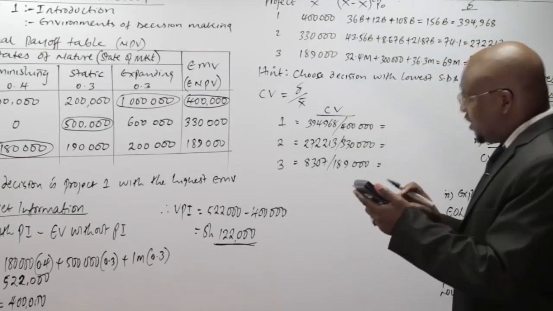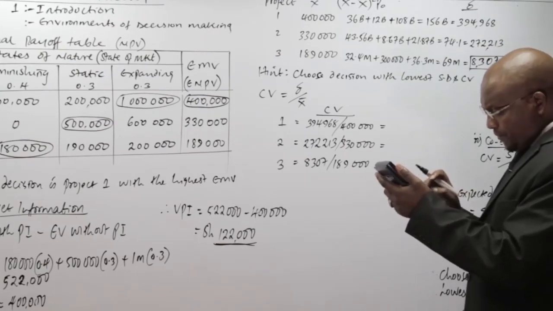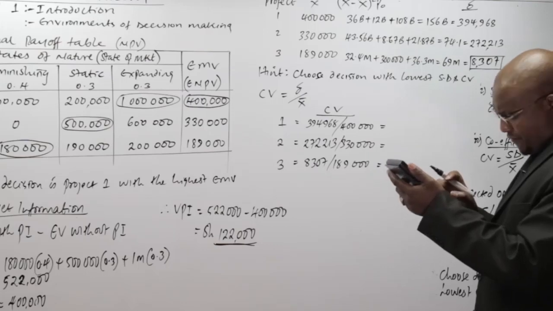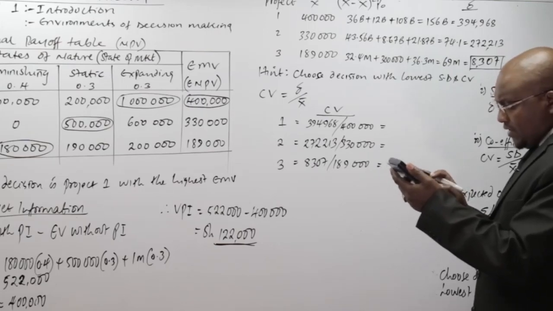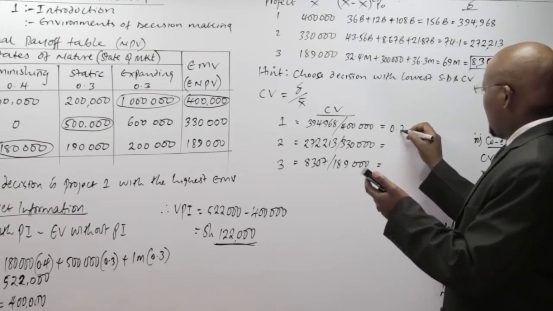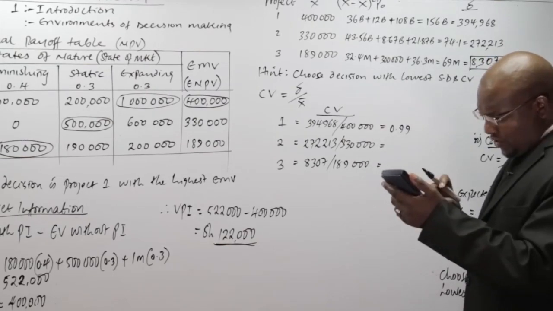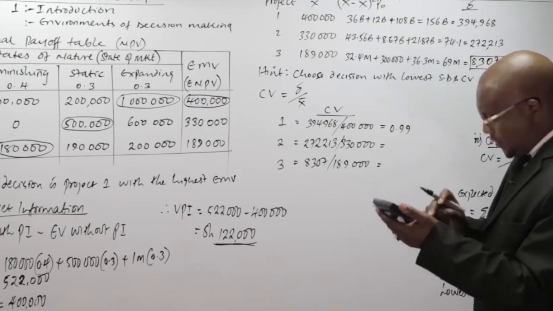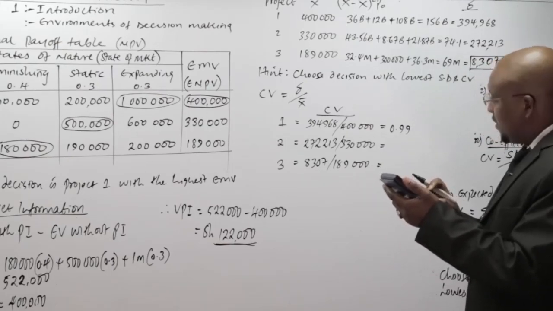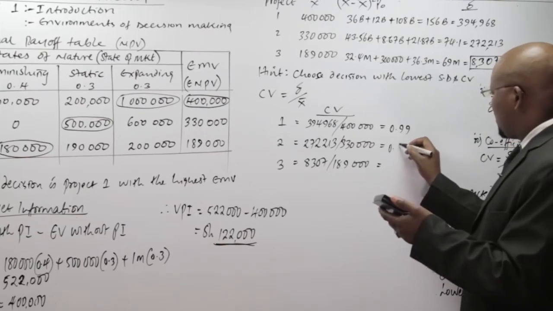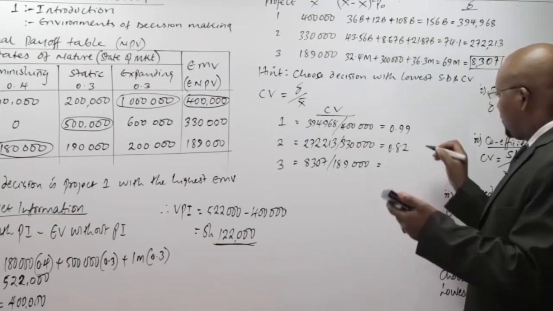So the first one, which is 394,968, if you divide by 400,000, this will give us 0.99. Then you have 272,213, divided by 330,000. This will give us 0.82.